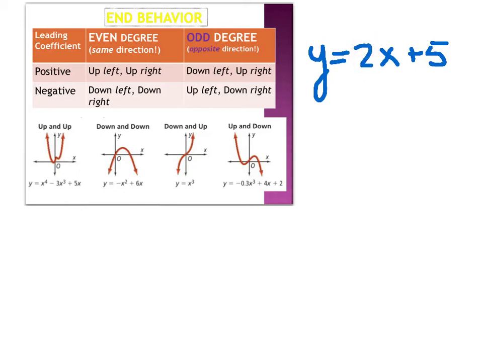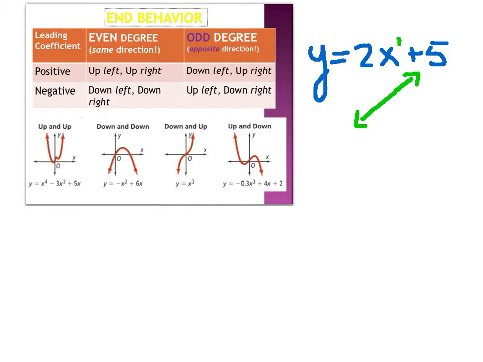Now before even graphing that, I should know that a positive slope means my graph should tilt this way whenever I graph it. Take a look at how this relates to what we just said. The degree is 1, so that's odd. And since the degree is odd, the end behavior of the graph goes in opposite directions, which it does in this case.